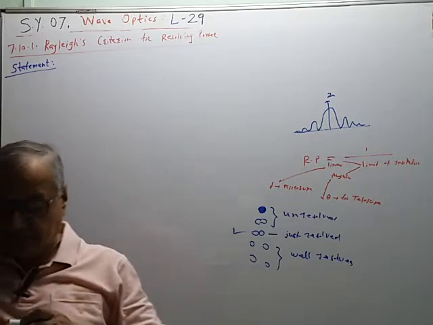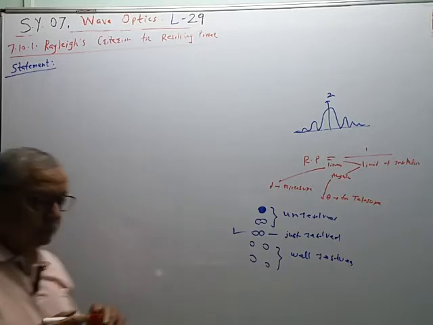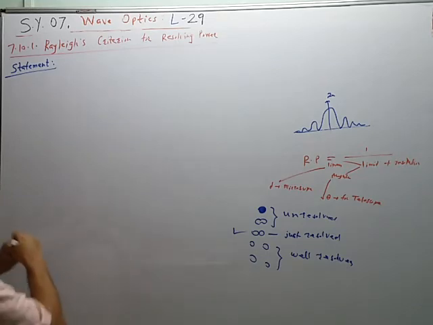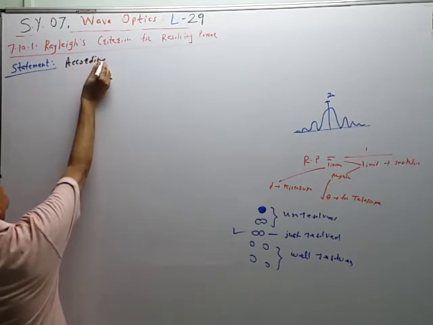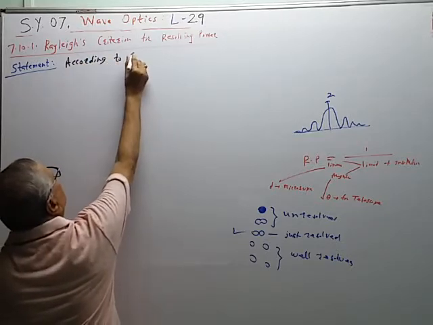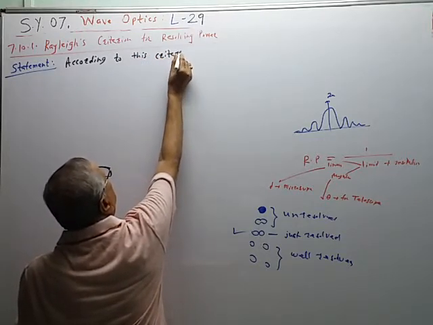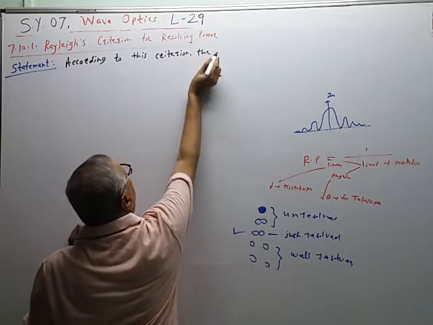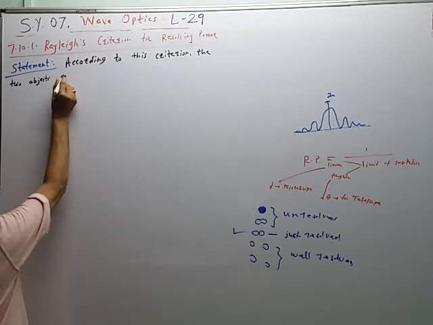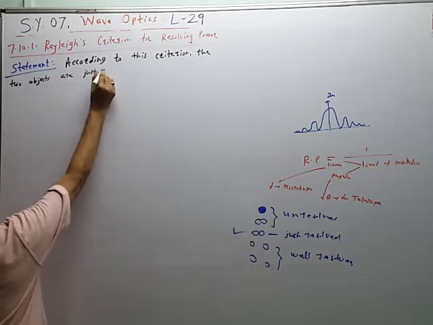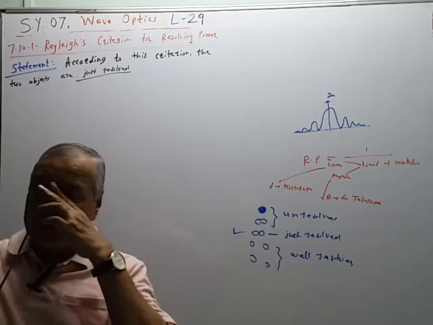According to this criteria, the two objects are just resolved. So the condition for just resolution is given by Rayleigh like this.